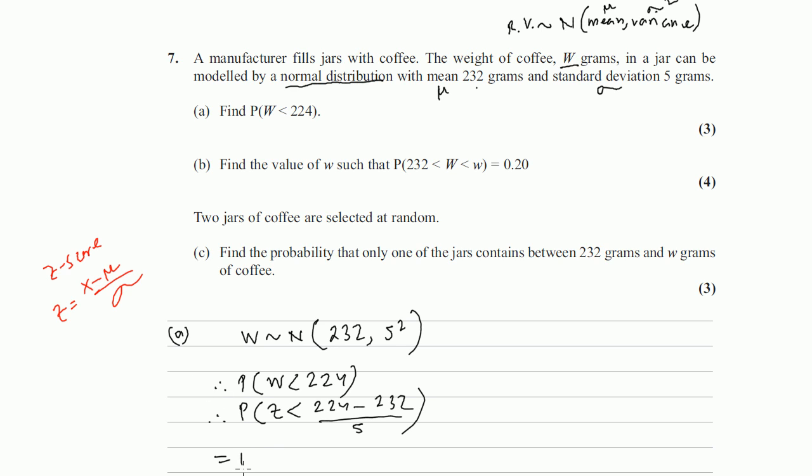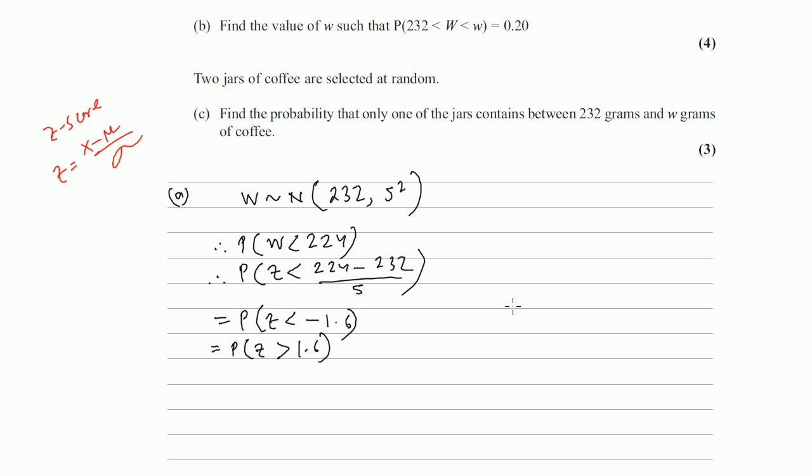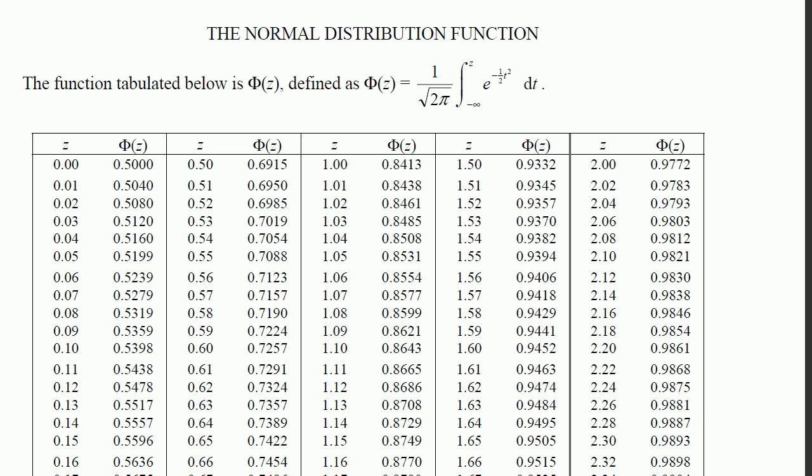Okay, so this is probability of Z is less than minus 1.6. So we make it positive by reversing this because it is continuous. It makes no difference whether it's less than or equal to. So we just reverse this and it becomes positive. And in order to make it less than, because in the table we have to make it less than, it means 1 minus probability of Z is less than 1.6. So let's bring out the table.